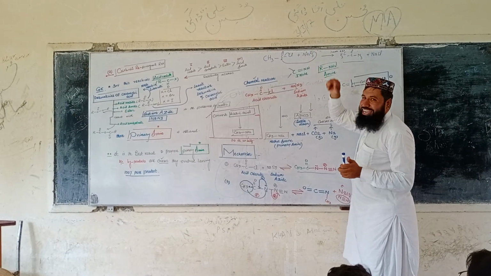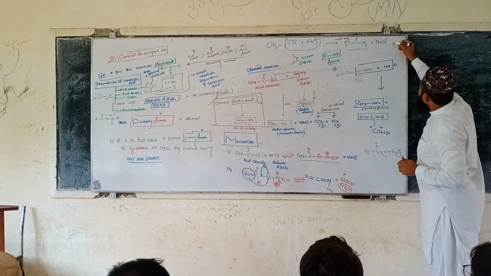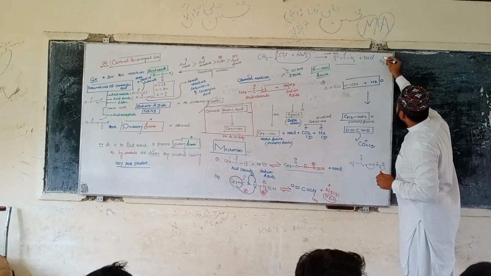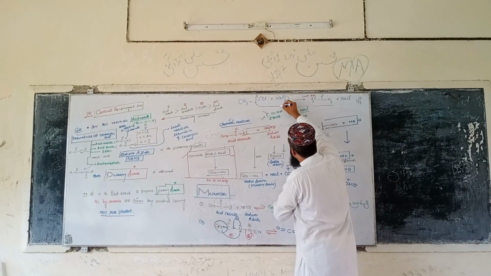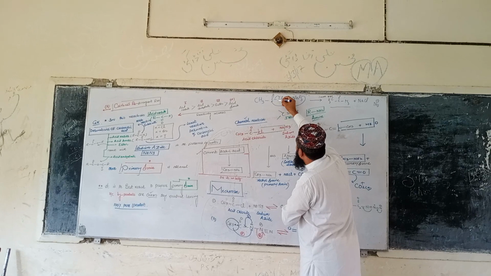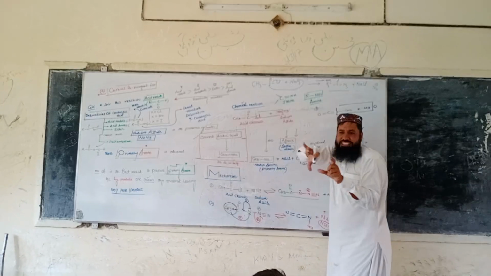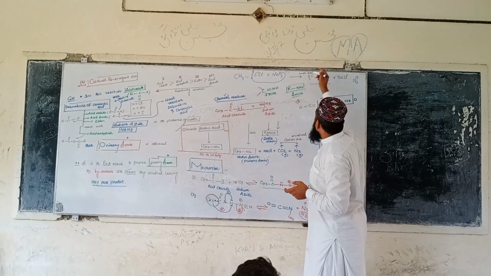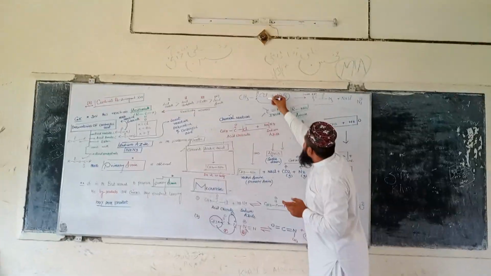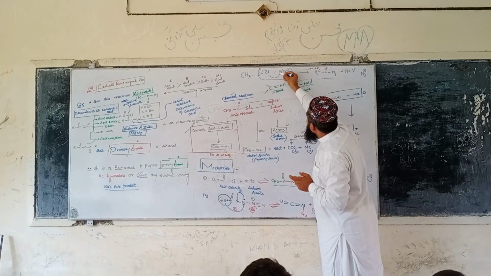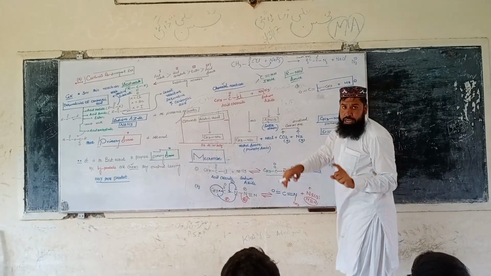This azide is actually an ion, N3 negative ion. So this N3 negative ion comes here and attacks this carbon, and as a result, chloride is removed. That chloride comes here and reacts with this sodium positive to form sodium chloride.